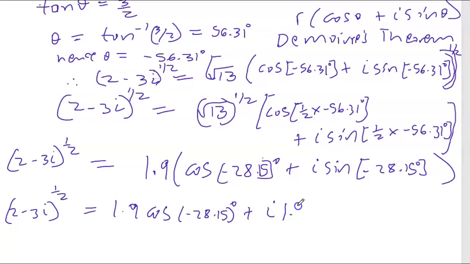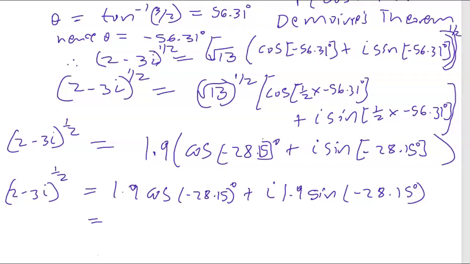So 1.9 cos negative 28.15 degrees, that's 1.68 if I'm using 2 decimal places.